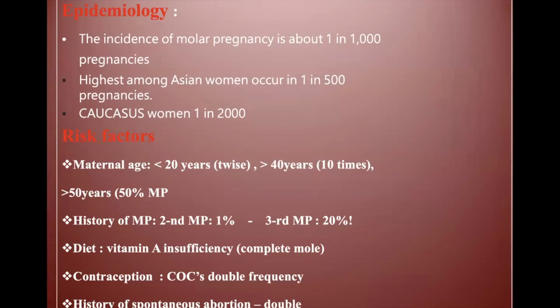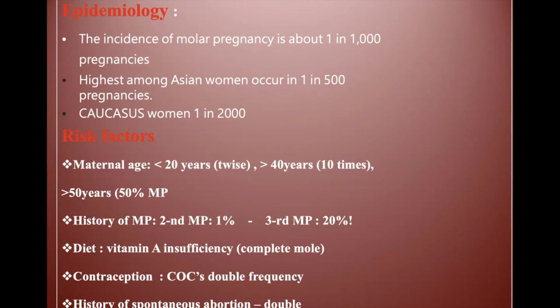Epidemiology of gestational trophoblastic disease. The incidence of molar pregnancy is about 1 in 1,000 pregnancies. It's high among Asian women, occurring in 1 in 500 pregnancies, and in Caucasian women it is 1 in 2,000 pregnancies.